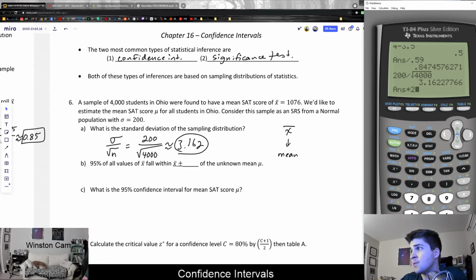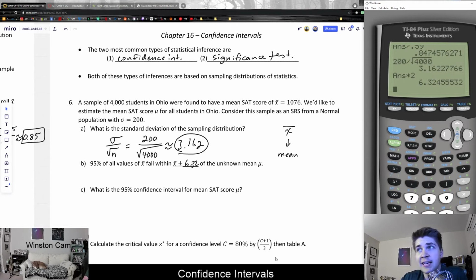So times 2 would give us 6.32-ish, and that's going to be our margin of error, 6.32. This is one way that we could write the confidence interval.